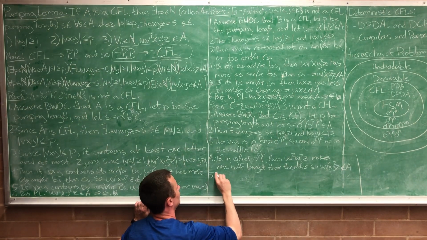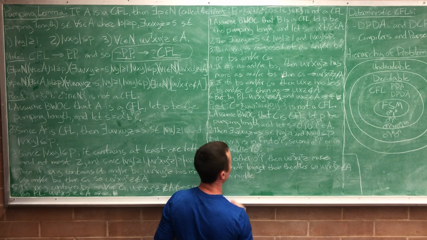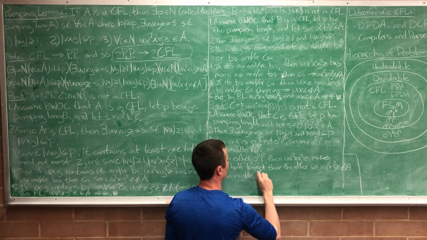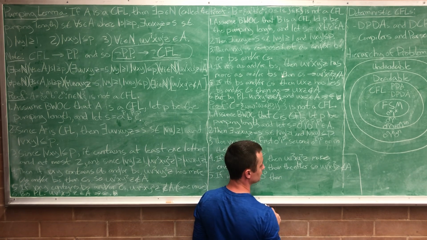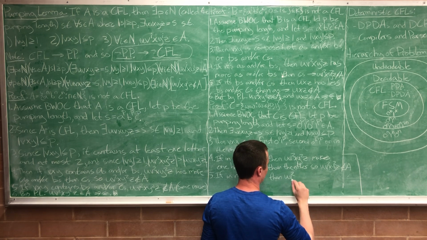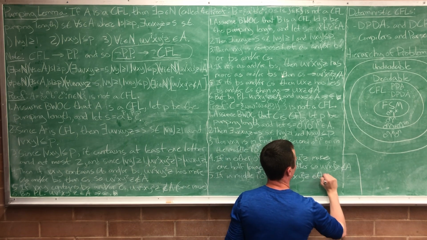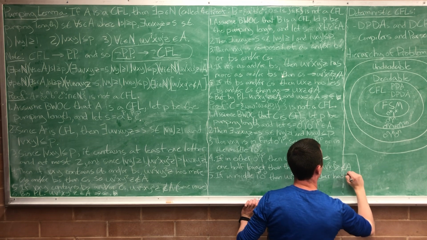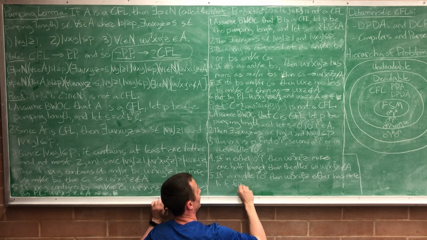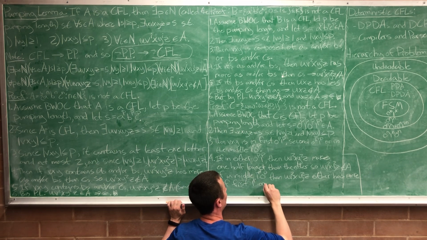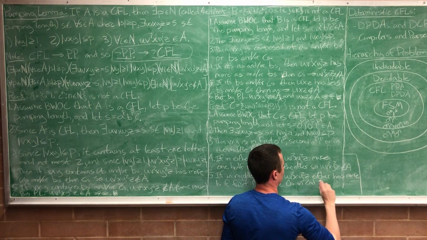If the middle part was 1 to the p, 0 to the p, then u v squared x y squared z either has more ones in the first 1 to the p, or more zeros in the second 0 to the p.